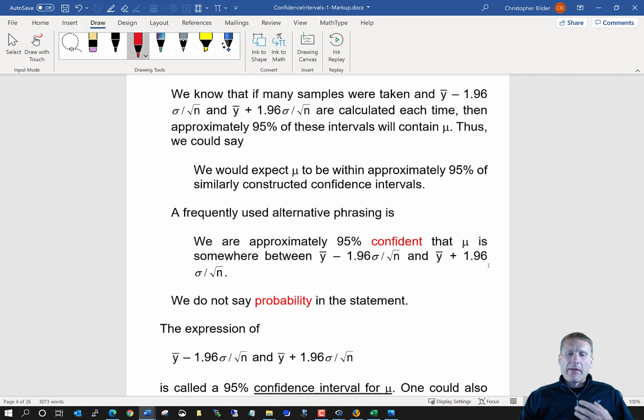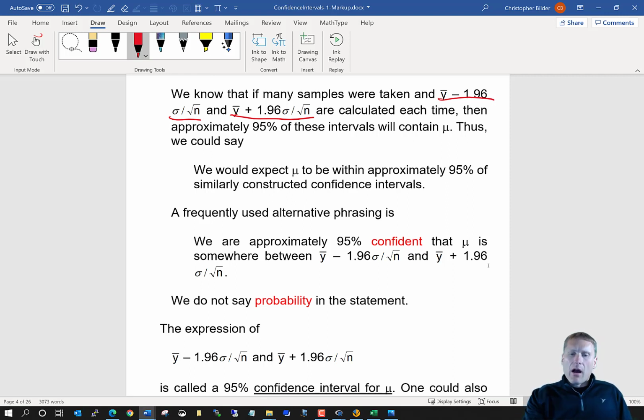So if I were to go out and take a sample, compute y bar, go out and take another sample, compute y bar, go out and take another sample, compute y bar. Maybe I do this many, many times. And each time I calculate the lower limit of that inequality, and then the upper limit of this inequality. I do that every single time.